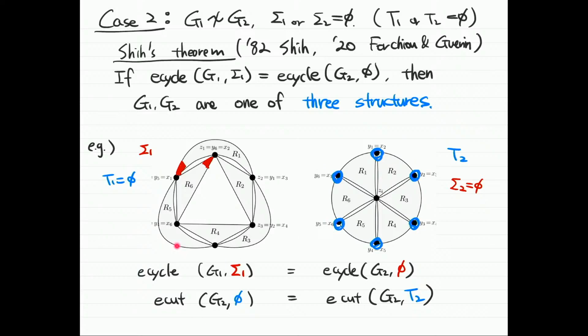And here for the left graph, T1 is the empty set. So this is one construction. Pivotto and Guenin proved a shorter proof in 2020.